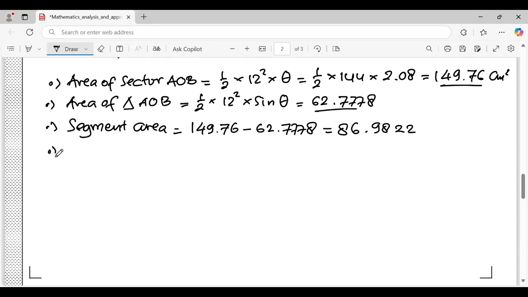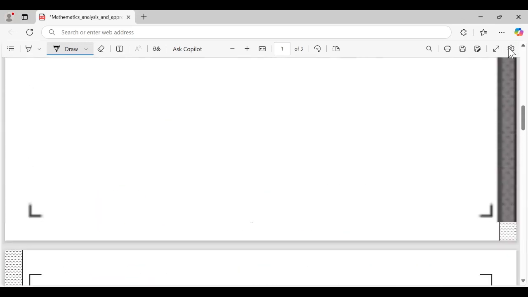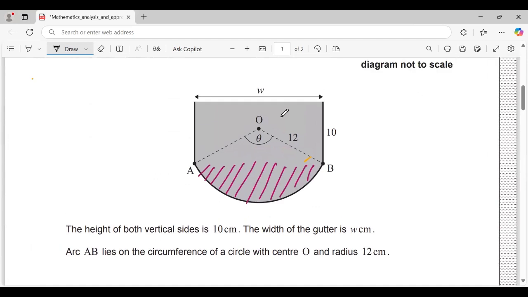And after that, the rectangle area. This is the rectangle, so the rectangle area.